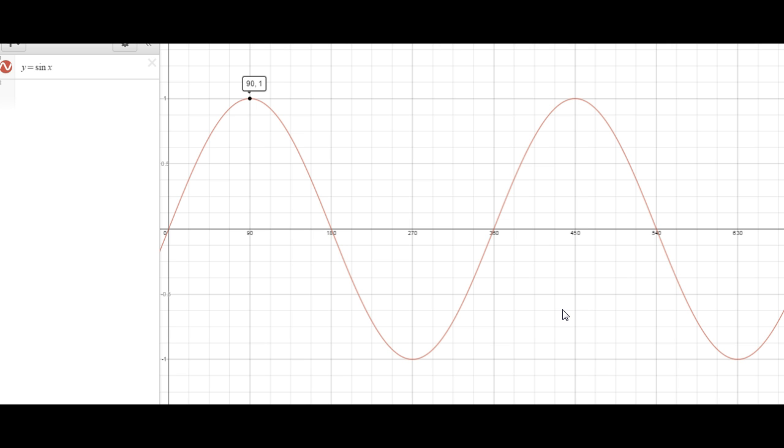Look, the point 90, comma 1 is on this graph, as is the point 0, 0, as is the point 180, 0, and 270 and negative 1, and 360. It's just going up by 90.